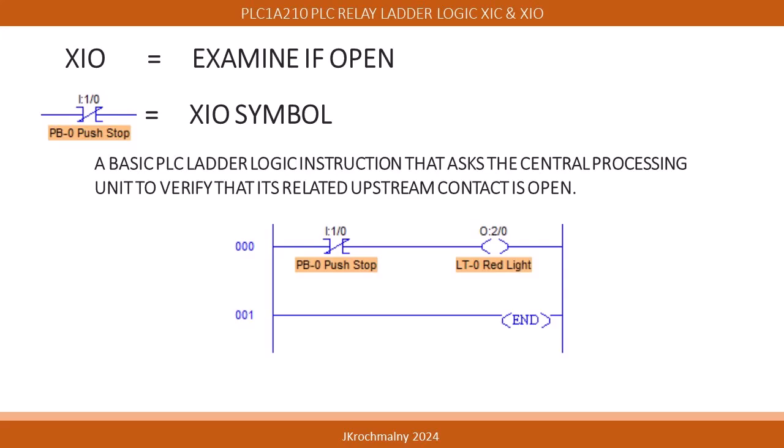Referencing the ladder logic program instruction set, we can read the intention of the circuit control. If the input module terminal 0 is open, a true statement if voltage is absent, then turn on the red light LT0, else turn off the red light.